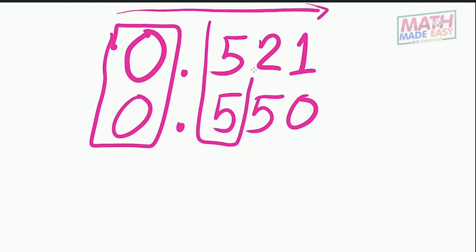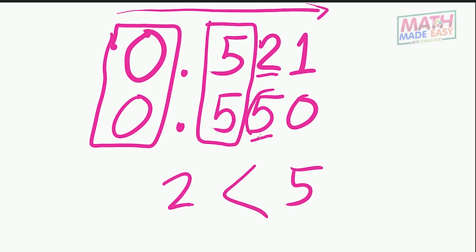We have the same digits in the tenths place. Now, let's go to the hundredths. We have a 2 and a 5 here. Which is greater, a 2 or a 5? Of course, 5 is greater than 2. So it means to say that 0.550 is the longest.